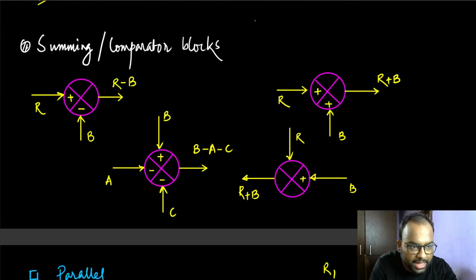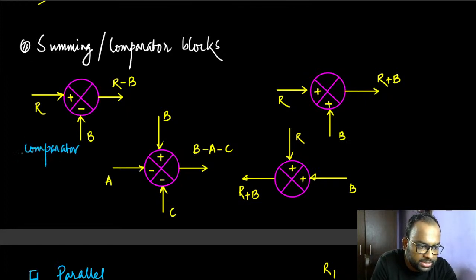I could have written the minus sign here, so that would be something like B minus R. Anytime you are subtracting one signal from another through this kind of block, we call it a comparator block. Essentially, it is comparing two signals, so that's why it's called a comparator.